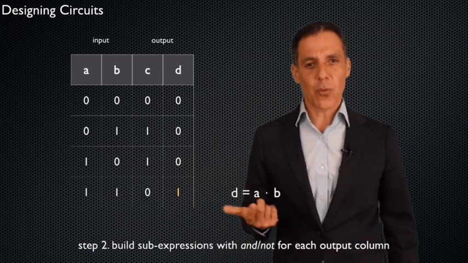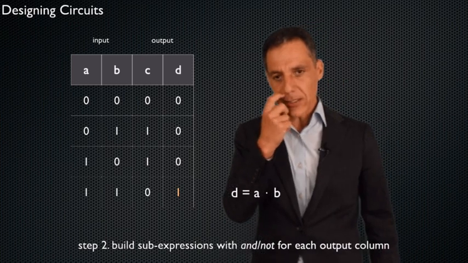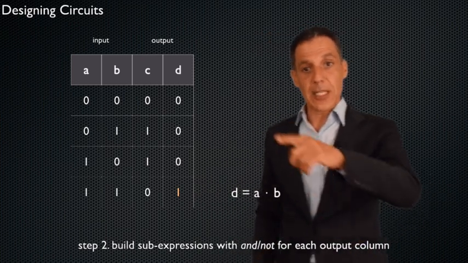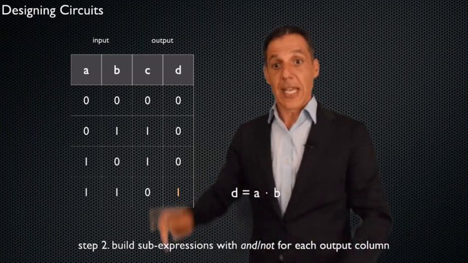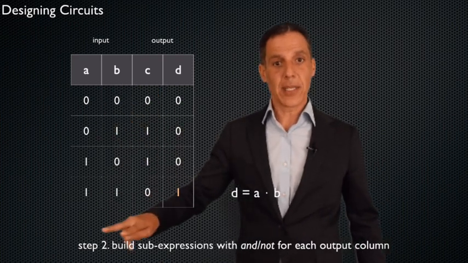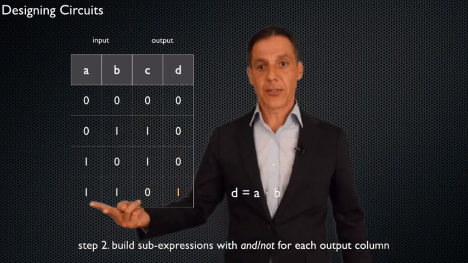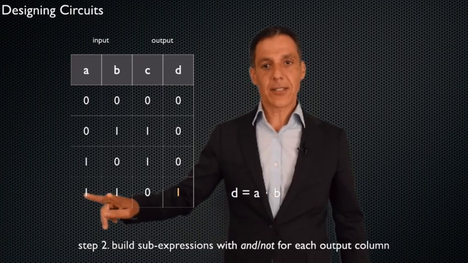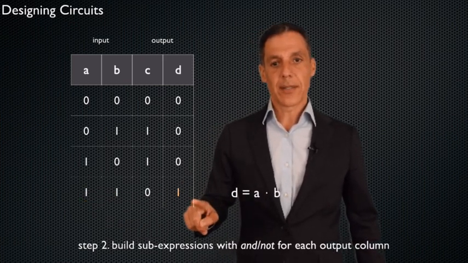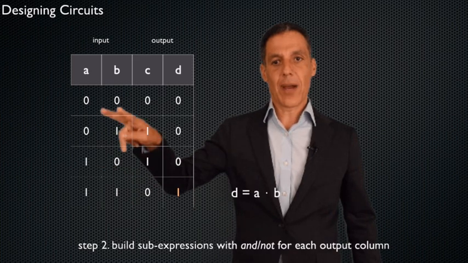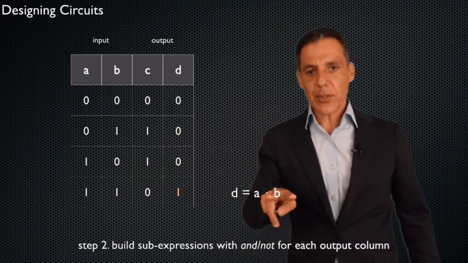Now let's ask ourselves why this makes sense. First of all, can we agree that column D is in fact the AND of A and B? Sure, because what's the AND? The AND is that when A and B are 1, the output is 1, and it's 0 everywhere else. So look what I'm doing here.